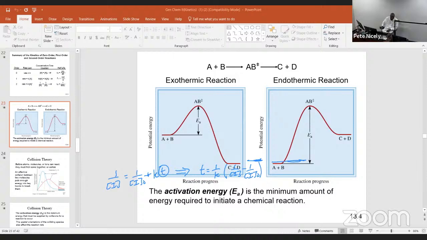So how does that help us to determine what the concentration of I would be at that time?